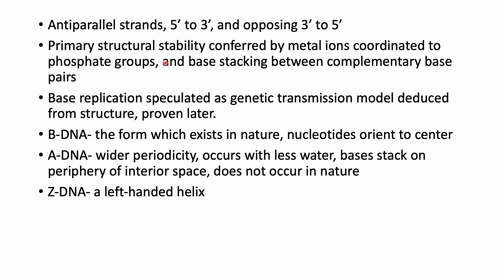There are anti-parallel strands, so the 5' strand starting with the phosphate is opposed by another strand, complementary with the 3' strand at the other end, and opposing that would be 3' and 5'.